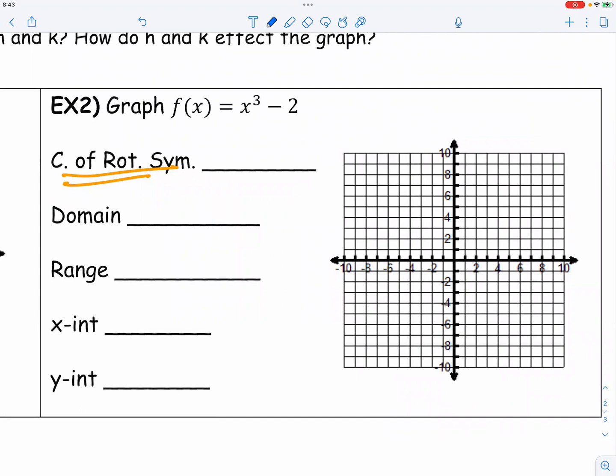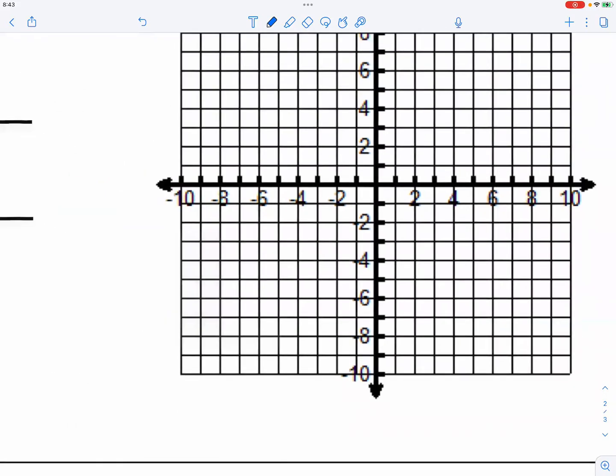Okay, let's look at the second example. What does this minus 2 mean? It moved down 2 units. So that means originally we start right here, but now it's being shifted down 2 units. Okay, and that's the only transformation that we have here.